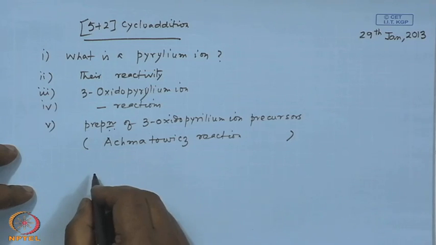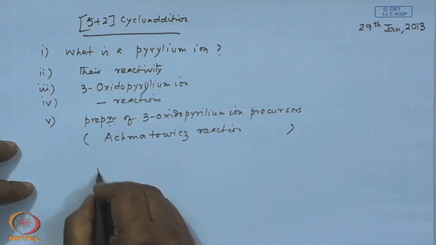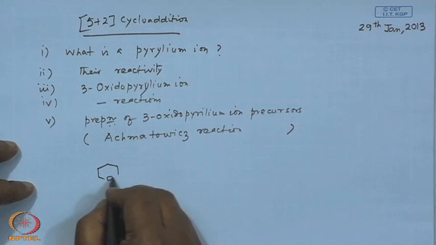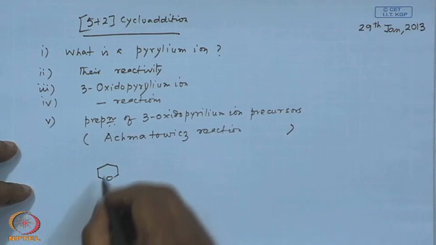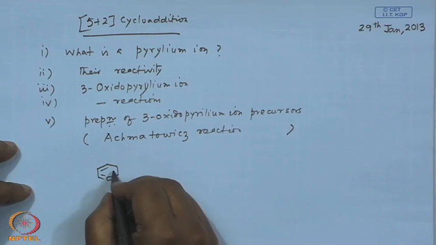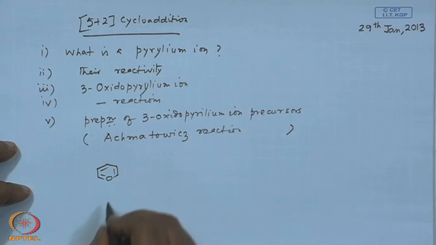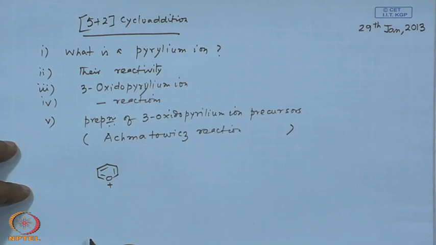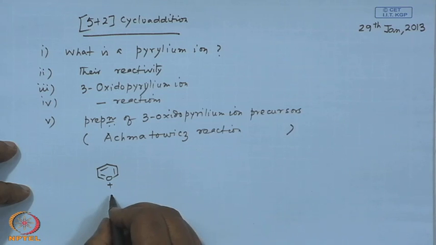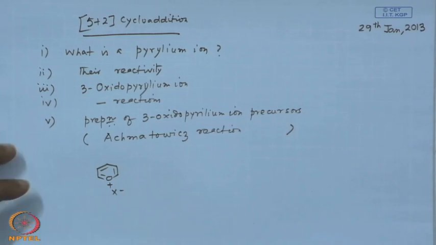Mind it, pyrylium ion, which comes from the pyran ring system, and a double bond here, and also obviously oxygen is trivalent, so it has to be plus, and then the corresponding counter ion.